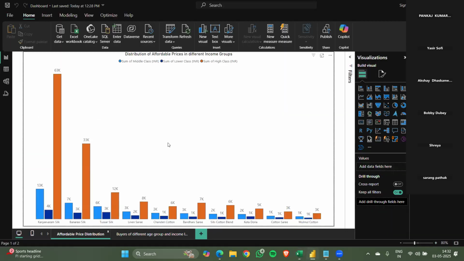Since even the starting range was so high, very few of the middle class people would be able to buy Kanjivaram silk sarees, like the original ones.